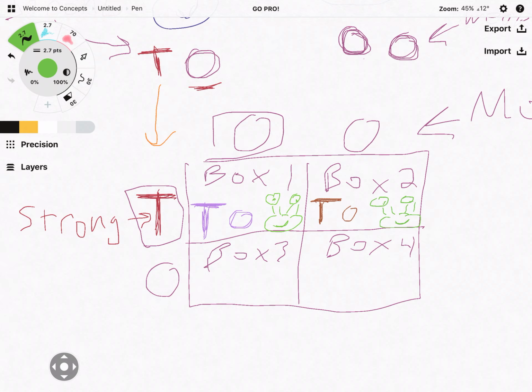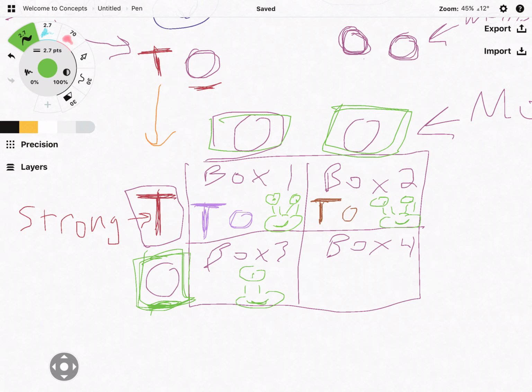Well, in box 3, the dad is giving the 1-eye gene, and the mom is giving the 1-eye gene. So this will just have a single eye. And here, the dad is giving the 1-eye gene. The mom is giving 1-eye. So we would again have that single eye.